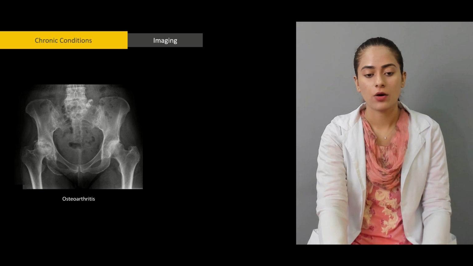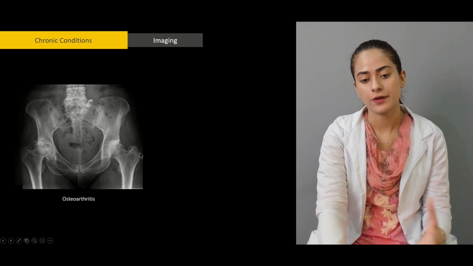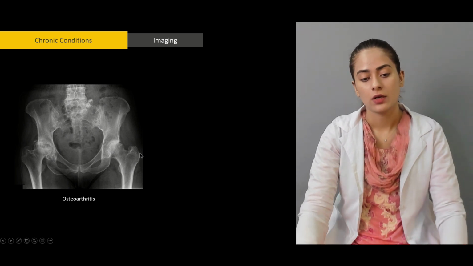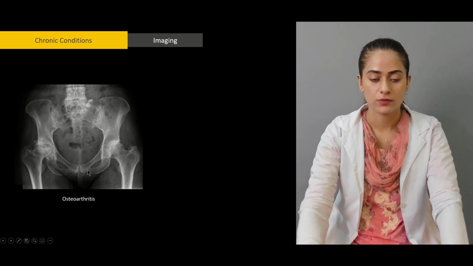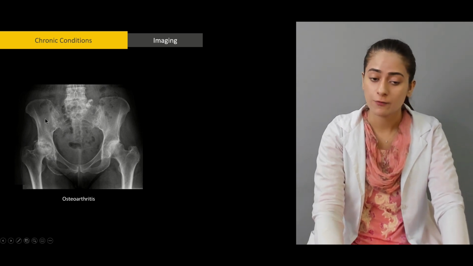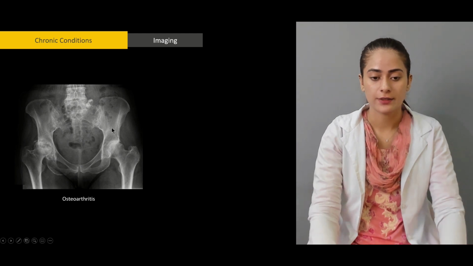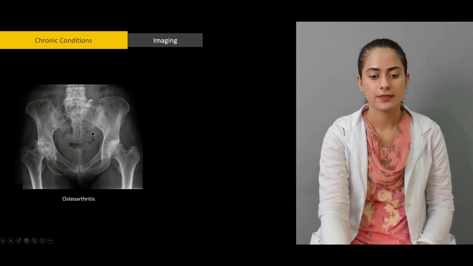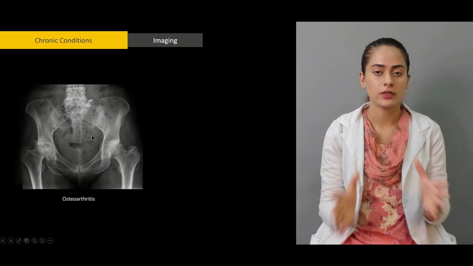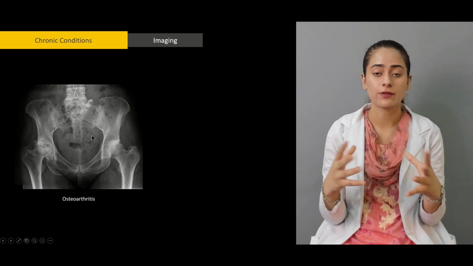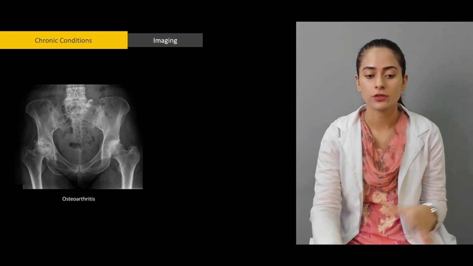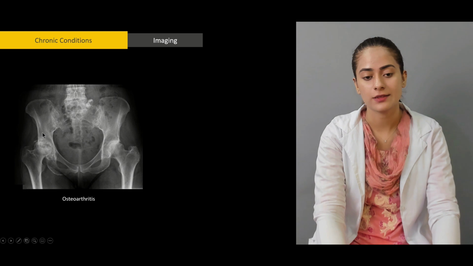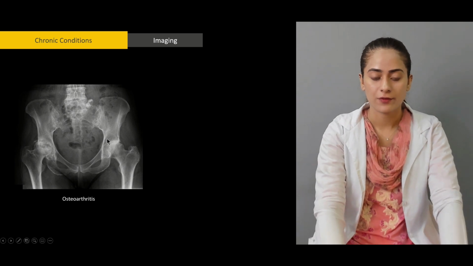So this is hip osteoarthritis, and this is a pelvis of a female. As we can see, it is wider and more oval, and the sacral bodies are not as wide as they are in males. So this is a female pelvis, and this is a radiograph of a female pelvis.